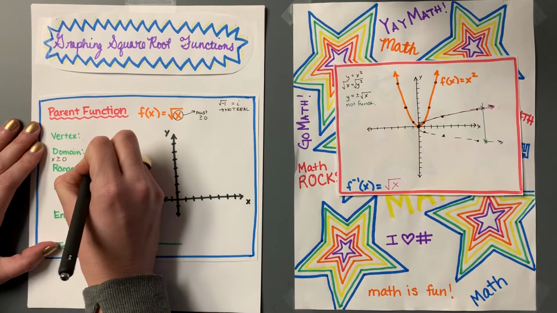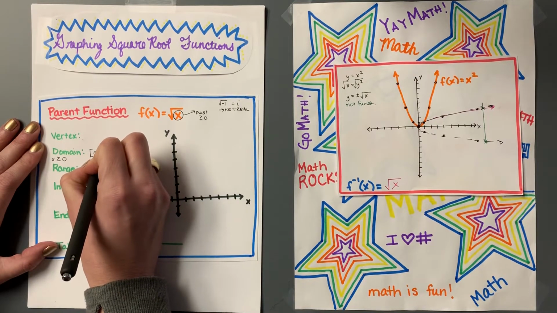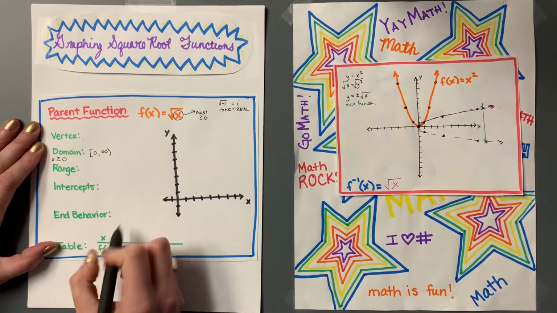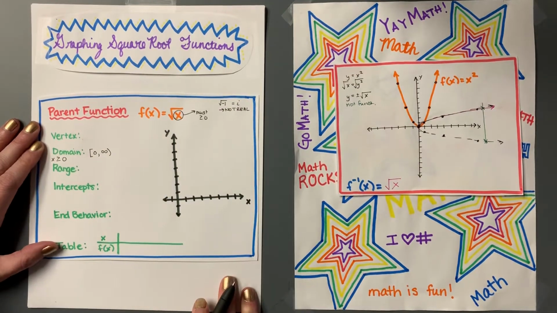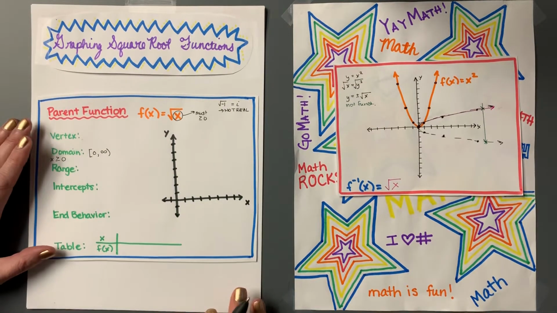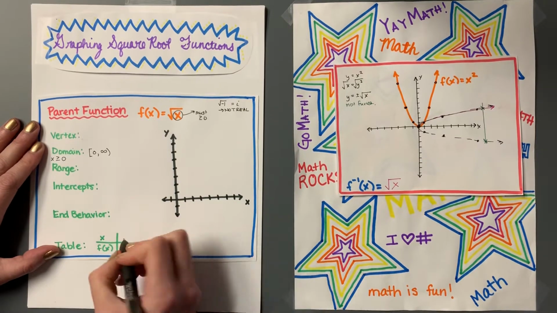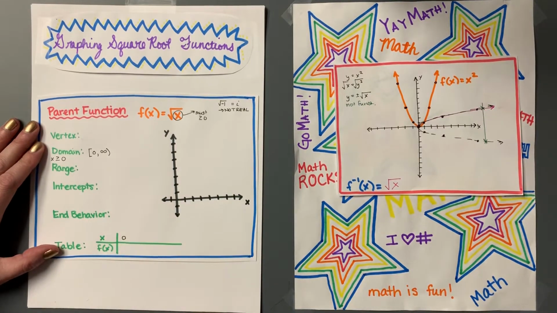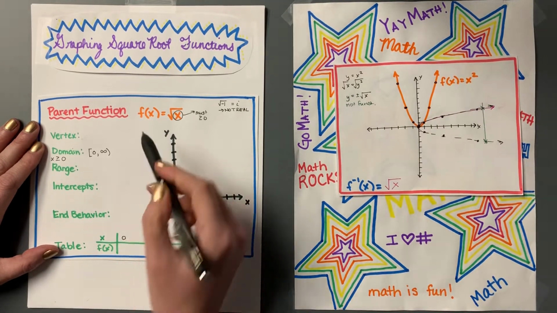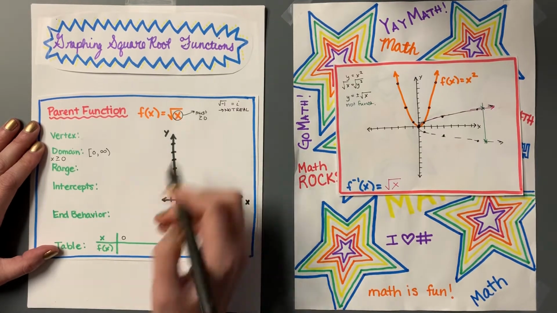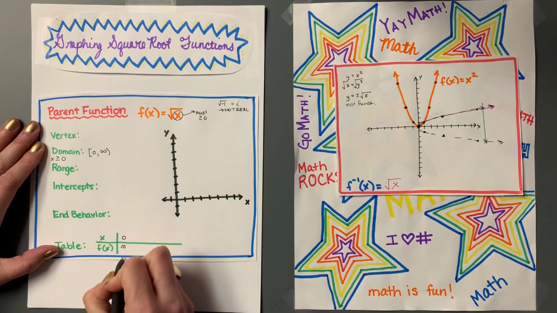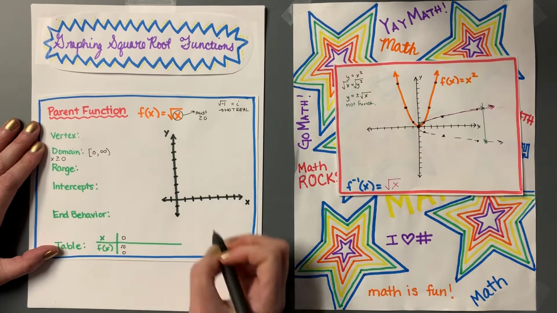That tells me that my domain here is from 0 to positive infinity. Now x can be 0 because we can take the square root of 0. It's just 0. So this is giving me my endpoint at 0. If I plug 0 in here, I get the square root of 0, which is 0.